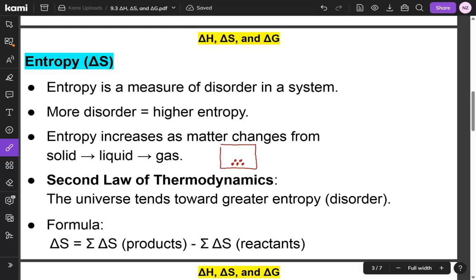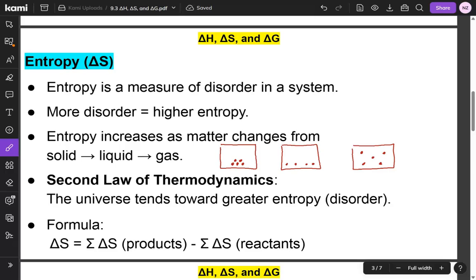When they are a liquid, they are spread out a little bit further, a little more disorganized. When you get into the gas phase, those particles are all over the place, bouncing around, and that is definitely more disorganized than the earlier stages.